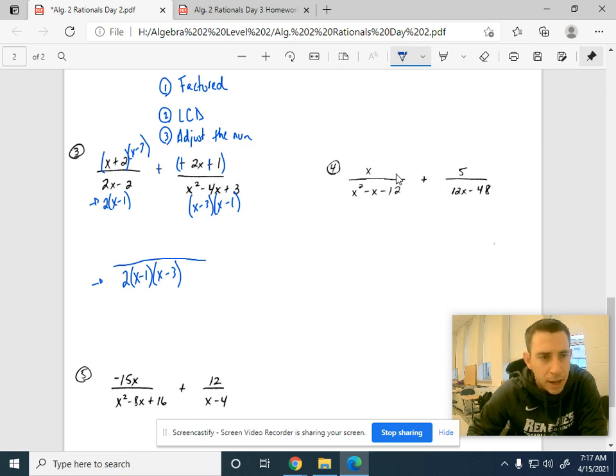It's now plus 2x plus 1. And now we have to figure out what we have to multiply that numerator by, if anything. Sometimes not at all. So look at this denominator and this denominator. Ask yourself what's different or what's missing, and it would be the 2. So we're going to have to multiply this numerator by 2.